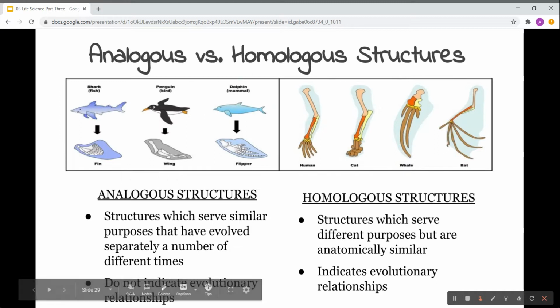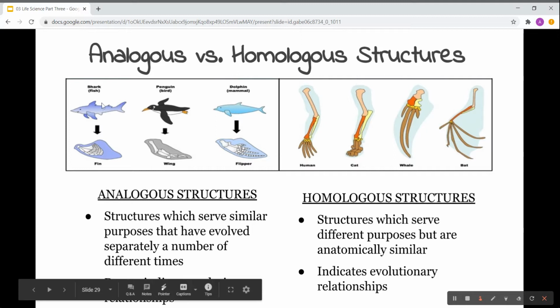But there's 2 different types of structures for this. There's analogous and homologous structures. Analogous structures will serve similar purposes, but have evolved separately a number of different times.